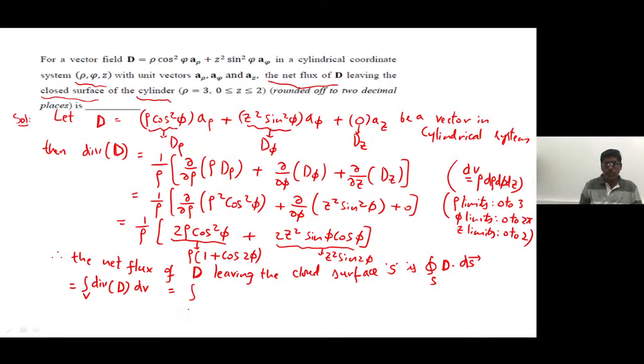The first one has rho limits 0 to 3, the middle one phi limits 0 to 2 pi, and the inner integration z limit 0 to 2. The first term is rho cancel 2 cos square phi, that is 1 plus cos 2 phi, I already told you.